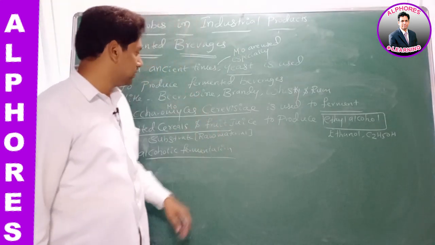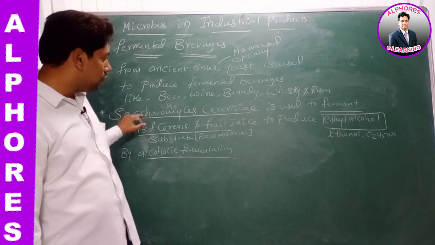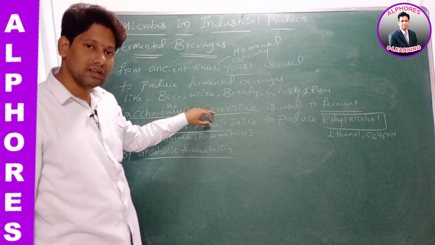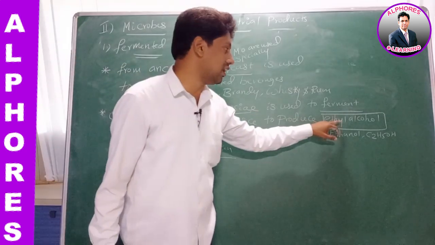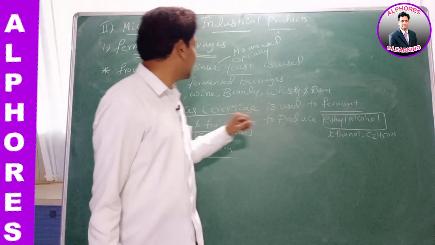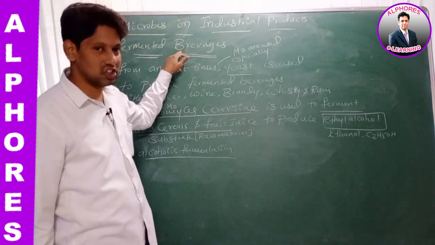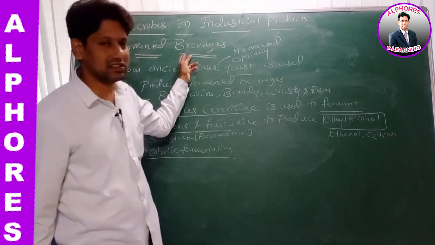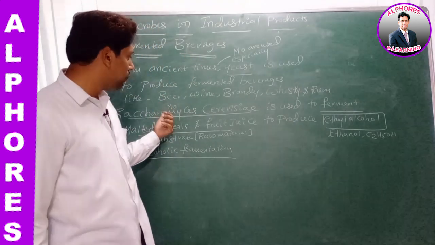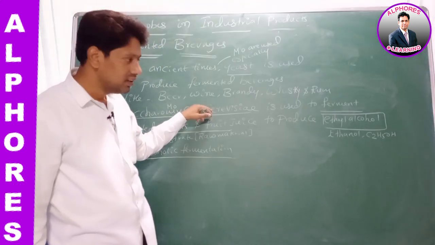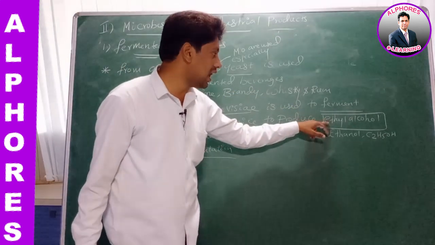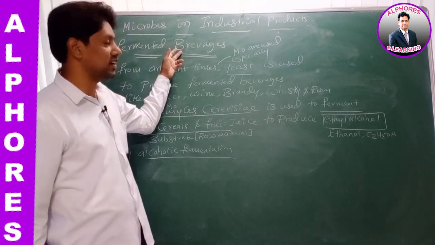Now listen to the statement carefully. Saccharomyces cerevisiae is involved in the production of alcohols. But alcohols are fermented beverages.